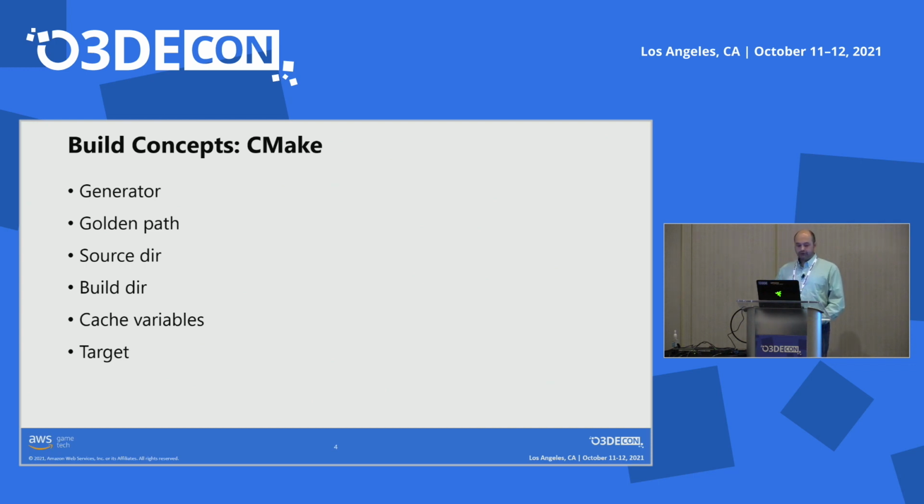Then for CMake, we have 3 different ways to configure CMake. With CMake, you have to pass where your CMake scripts are, and that is the source directory. Basically, what you're passing is where the root CMakeLists.txt file is. So that is your input.